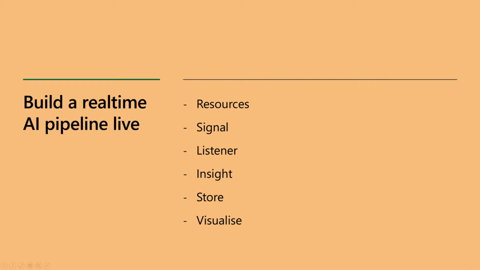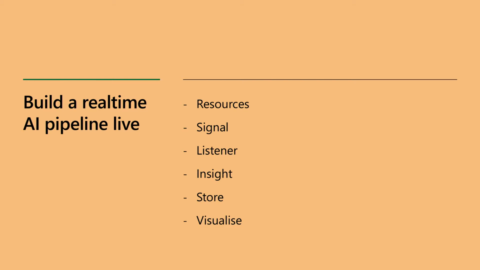Okay, so what we're going to be doing today, and what I've already kicked off, is the resources bit. That's just boring single az CLI commands. Then we're going to set up the signal. Our signal today is going to be MS Build tweets, and you're going to be able to contribute to these.